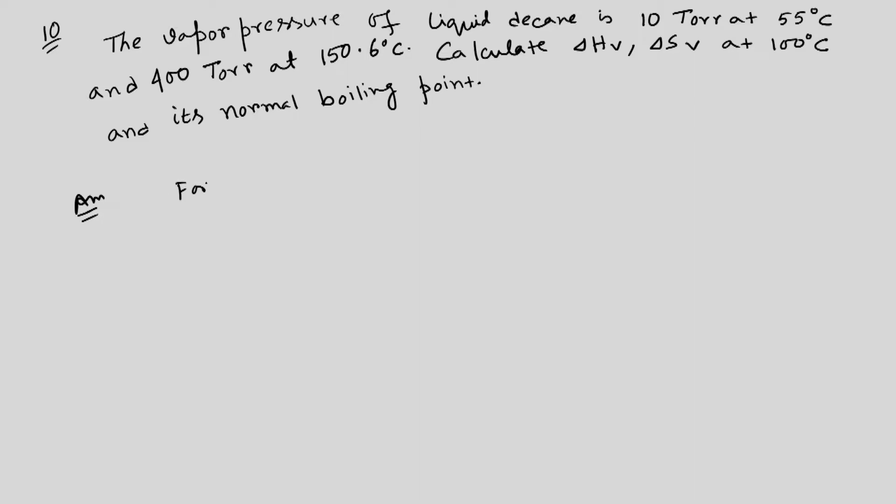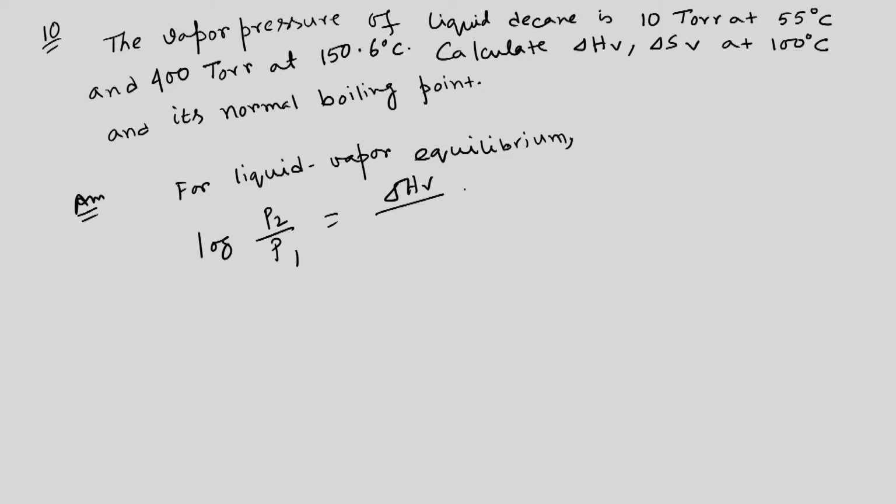For liquid vapor equilibrium, we can write log P2 by P1 equals delta HV by 2.303 R times 1 by T1 minus 1 by T2.